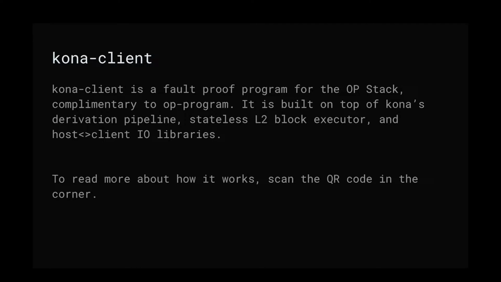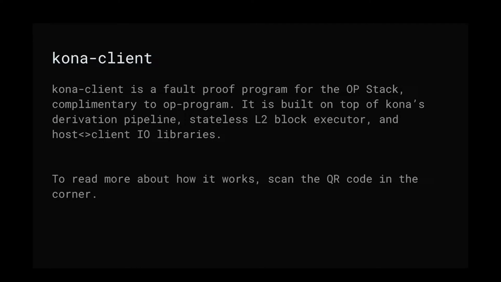Then we pass it over the engine API to the execution layer, as L1 does as well, and execute the L2 blocks to form the output state. Normally these are in two separate processes. So we make the fault-proof program, which smushes the derivation, which normally sits in the OP stack's consensus layer, and the block executor, which is in the execution layer, together into one process.